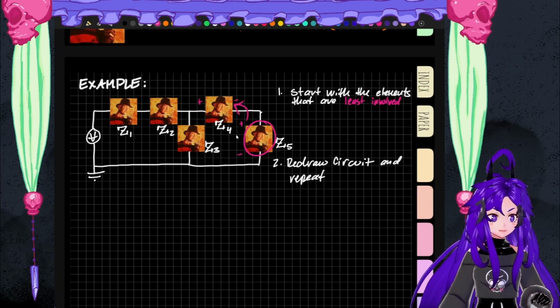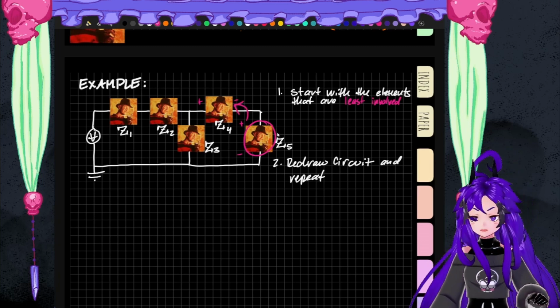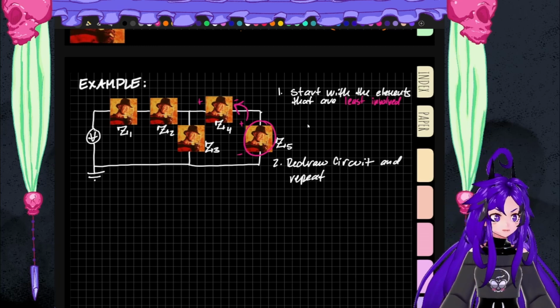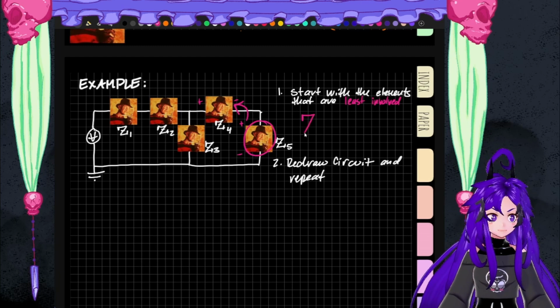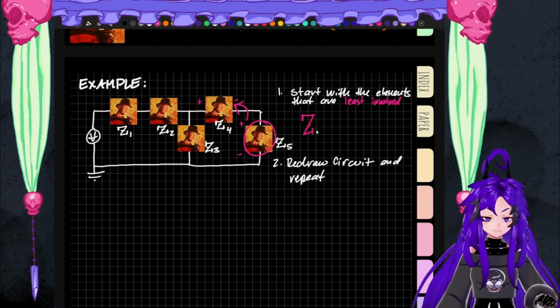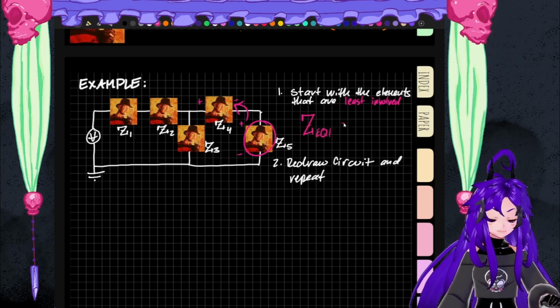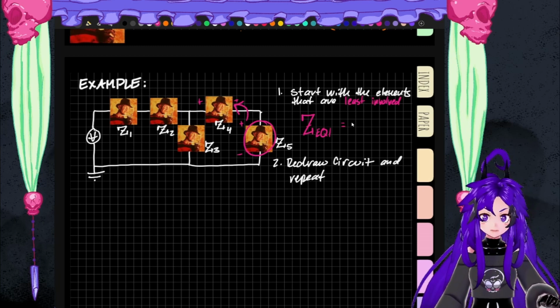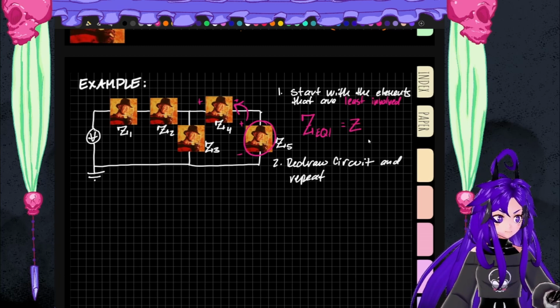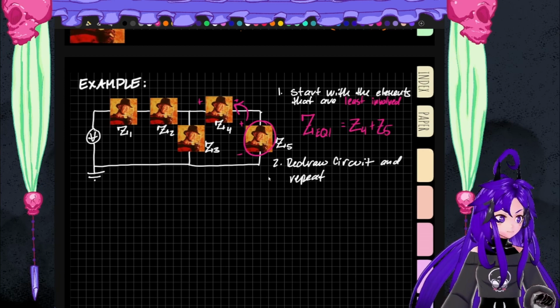It's in series with this one, so we can go ahead and find one equivalent resistance. ZEQ1 equals, they're in series, right? Negative to positive. So it's going to be Z4 plus Z5. And that's it.